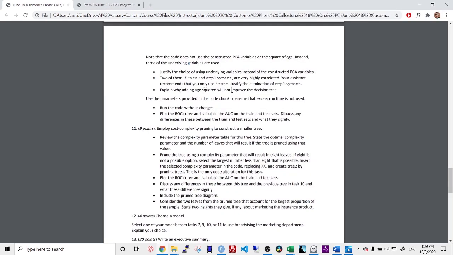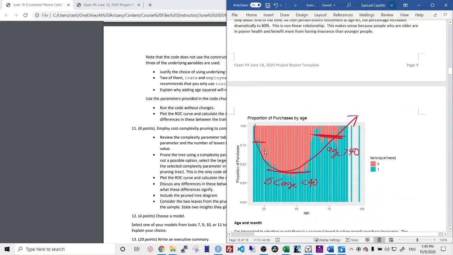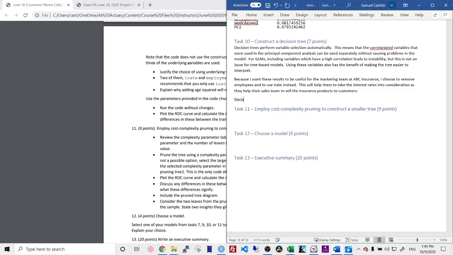Explain why adding age squared will not improve the decision tree. So go back to the data visualization, and you can imagine that a decision tree would just have different cut points for age. These were at about 25 and 40 to capture the nonlinear relationship. So decision trees automatically capture nonlinear relationships.